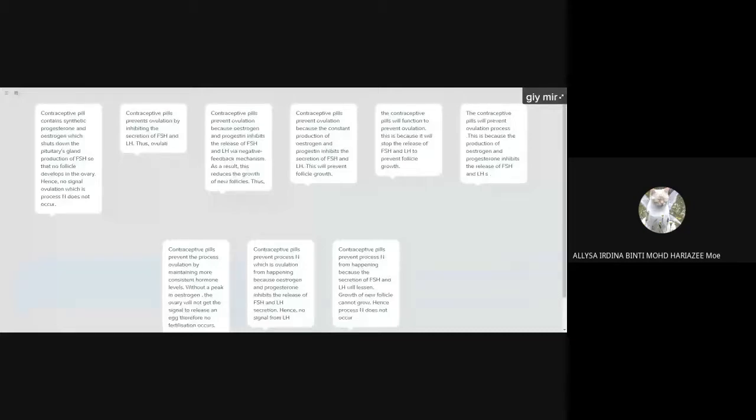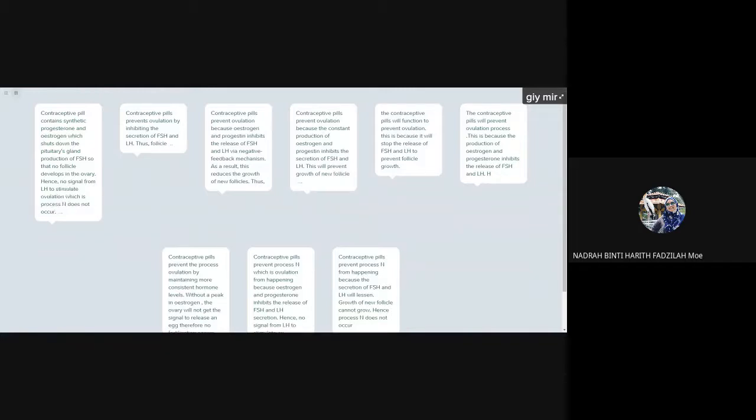Cikgu boleh repeat balik tak? Boleh. Okay. Hence no signal from LH to stimulate ovulation. Boleh lah. Lebih kurang macam itulah. Okay. Bagus idea kamu tu ya. Inhibit FSH dengan LH ya.